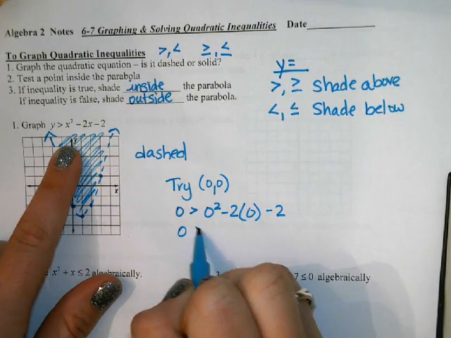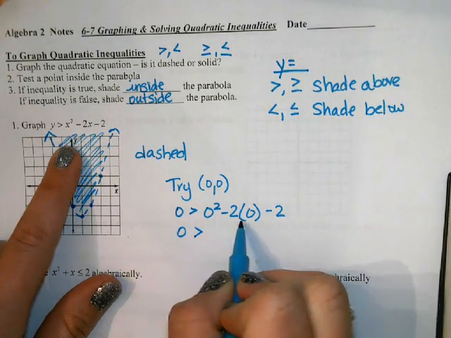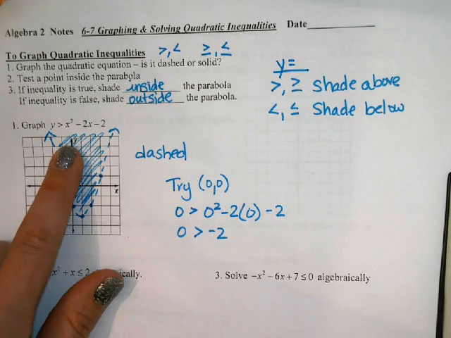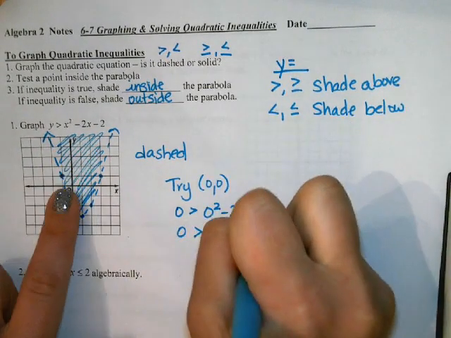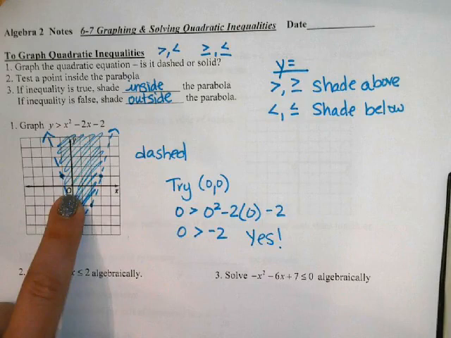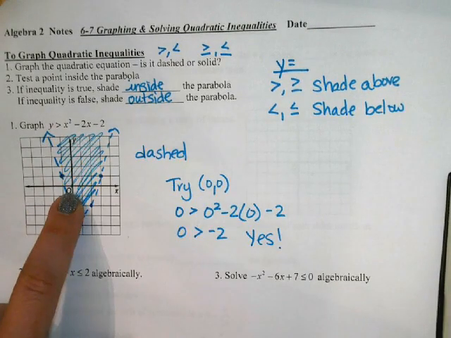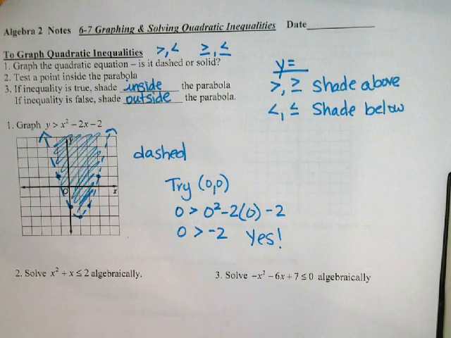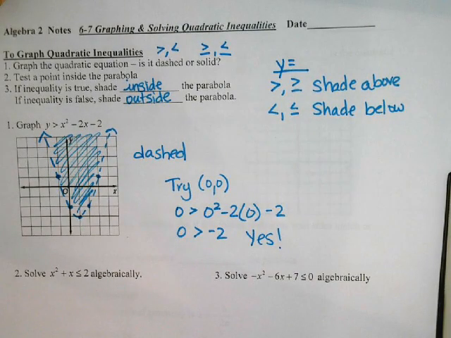Okay, so is 0 greater than 0 minus 0 minus 2? Is 0 greater than negative 2? Yes. So I want to include 0, 0. Okay, questions on that?